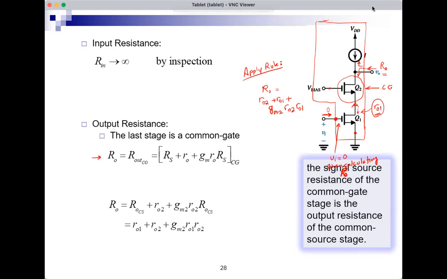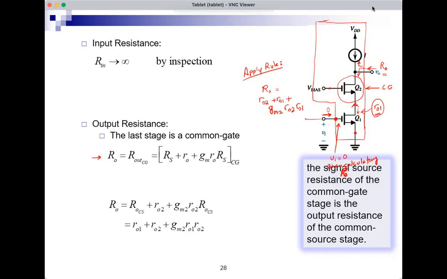So the input resistance Ri is infinite, but there's no load, there's no RL in the expression. Output resistance Ro is RO1 plus RO2 plus gm2 RO1 RO2. A side note here, if I want to find Rout, in this case for the cascode, Rout is when I set Vsig to 0.